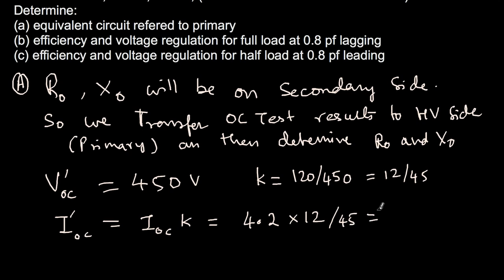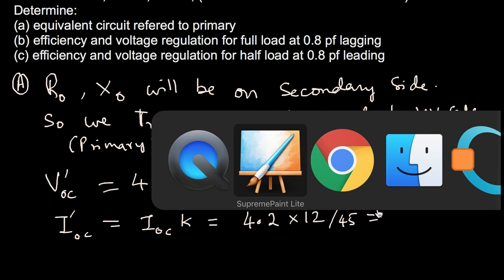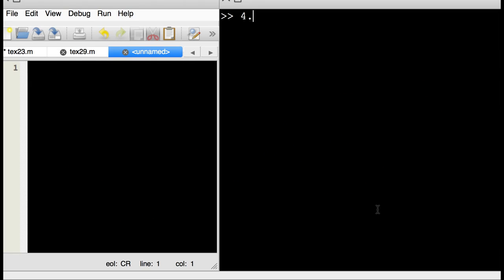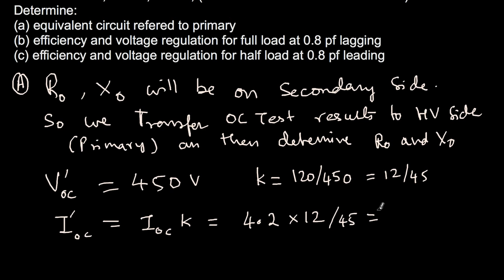So let's see how much I get. So I am going to the calculator. 4.2 multiplied by 12 divided by 45. So 1.12 amperes. So I have the open circuit current.